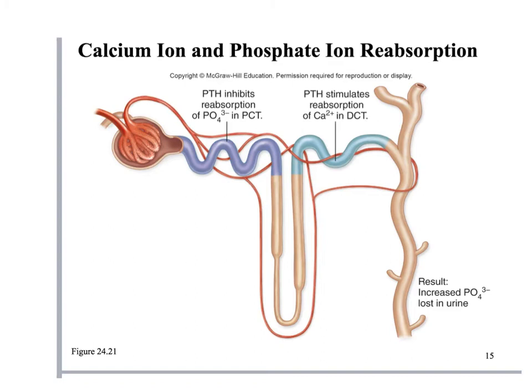So parathyroid hormone will help regulate the production and the deposition of calcium. If you have low blood calcium levels, parathyroid hormone is released and stimulates reabsorption from the kidney. That brings the blood calcium back up to normal.